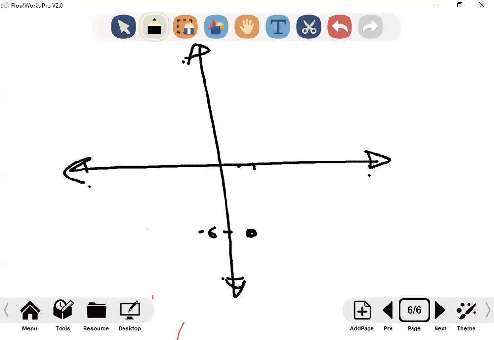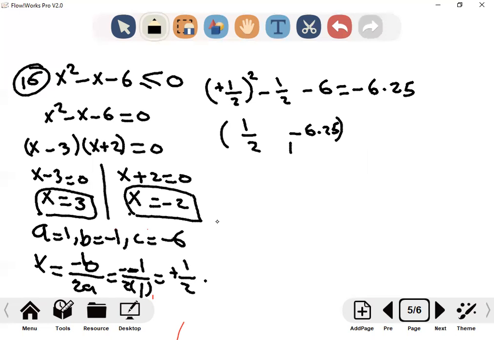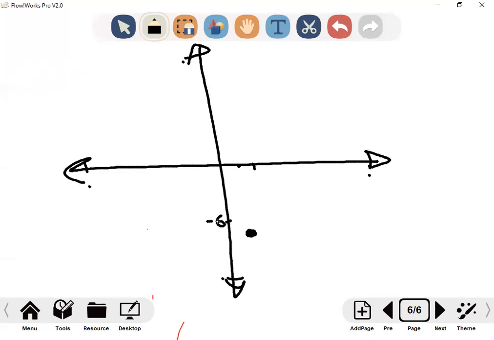Done? So we put negative 6 a little higher. This is negative 6. Okay? Done? But now the two intercepts on the x-axis are 3 positive and negative 2. So this is 1, this will be 3, and this will be negative 2, right?